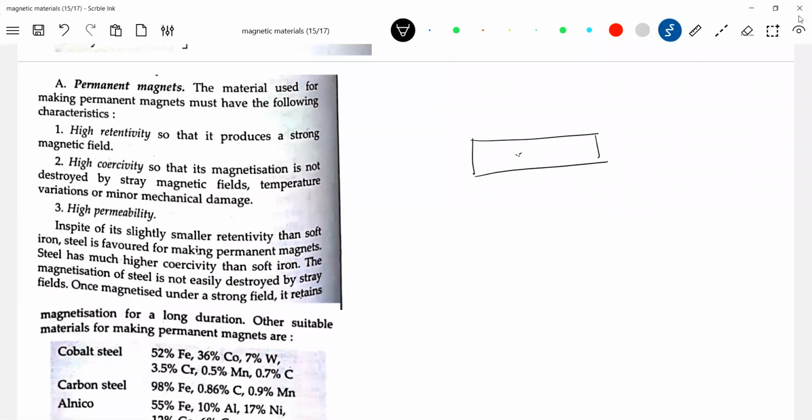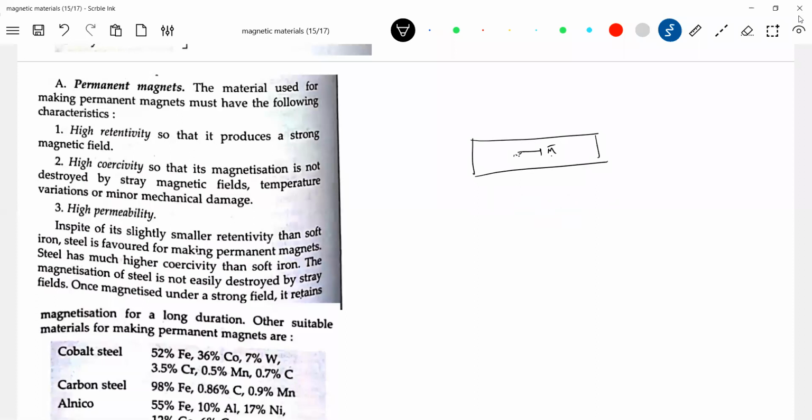Then there'll be stray magnetic fields. Stray magnetic fields means, for example, if it is nearby a current carrying wire, it got magnetized. It's having a dipole moment. This particular current carrying wire nearby it can produce a magnetic field. Let's assume something here.